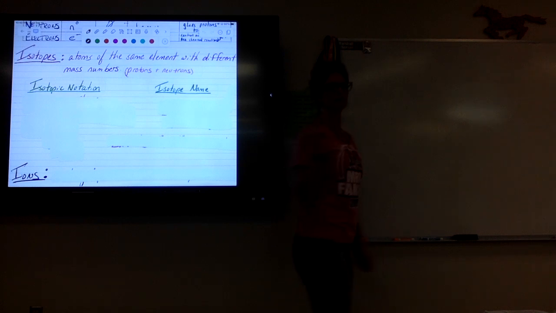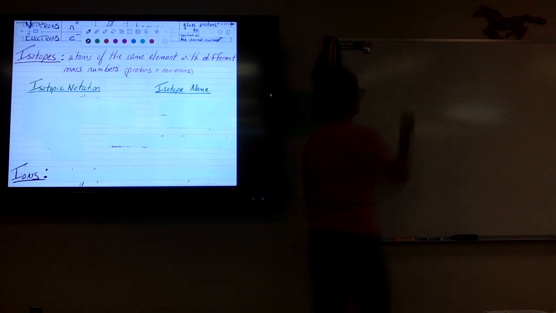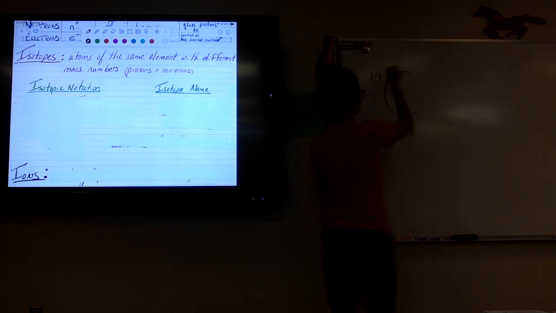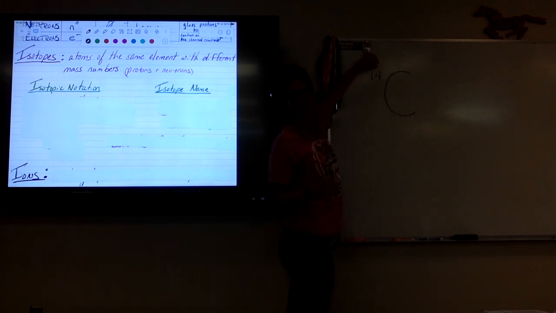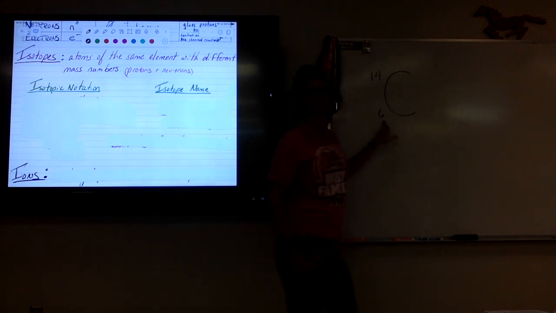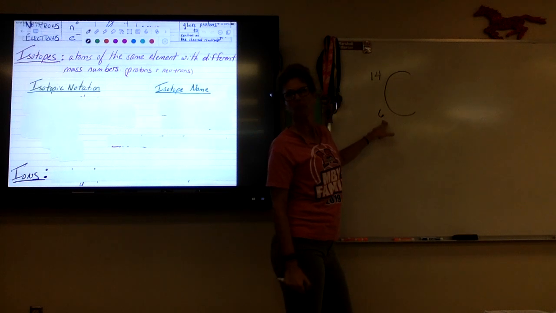Okay, you learned this on the Build an Atom Interactive yesterday. If I have the symbol carbon here and I have a 14 there, what's that number? 14. The amount of protons there is. It's the protons plus neutrons, which is otherwise known as mass number. Good. If it has a number here, what is this? The atomic number.